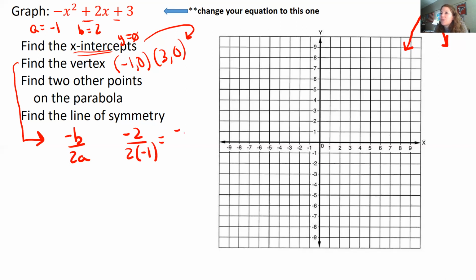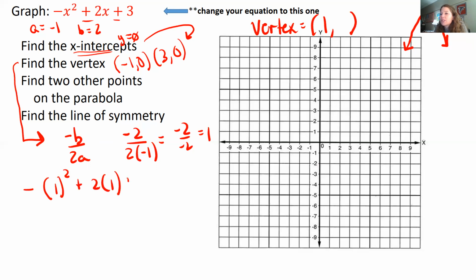So -2 divided by -2 is +1. My vertex is 1, and to get my y value, I plug in 1. I'm going to do the opposite of 1 squared plus 2 times 1 plus 3. So 1 squared is 1, the opposite of that is -1, plus 2 plus 3. So 2 plus 3 is 5, minus 1 is 4.